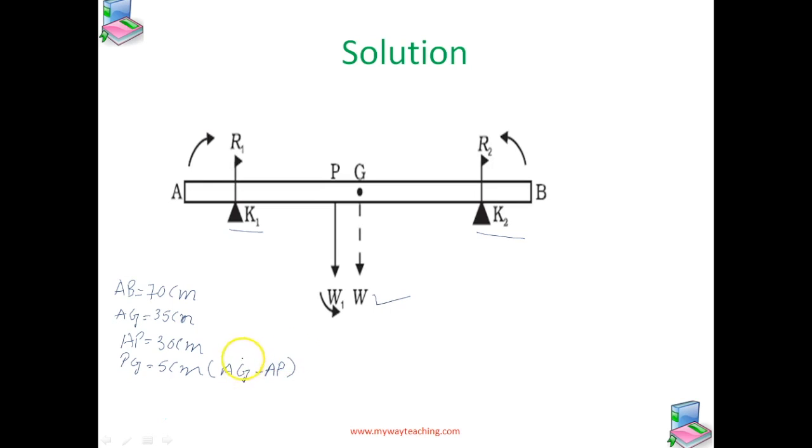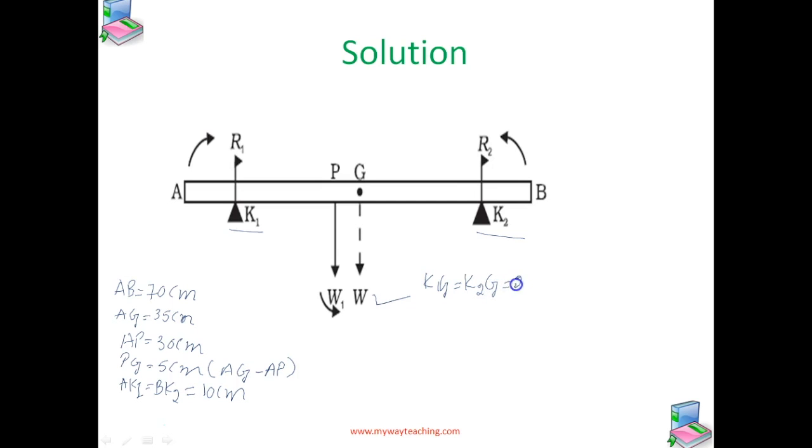And AK1 is equal to BK2. That is given by 10 centimeter. And K1G is equal to K2G.